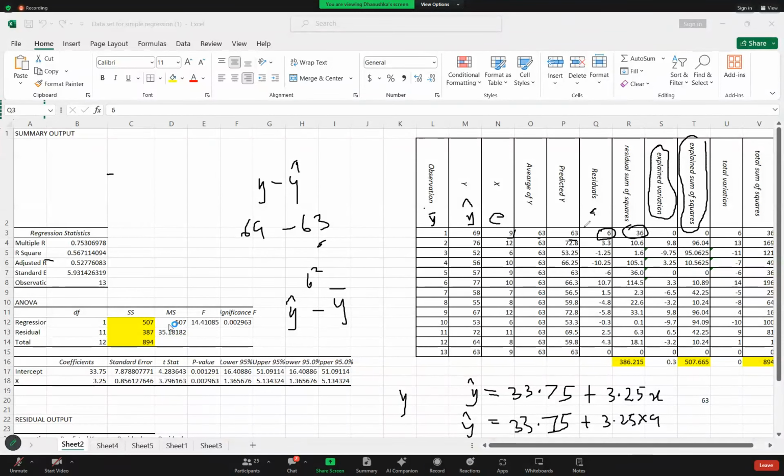The y hat value is the predicted value, 63. Y bar is also 63. Then the explained variation is 0. Then the explained sum of square means the square of 0.